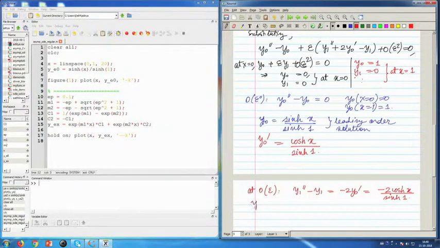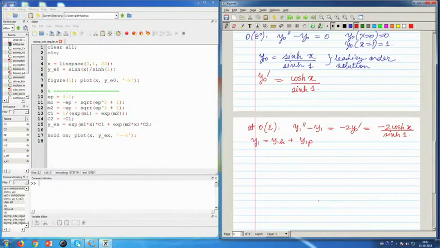So, let us write down the solution y1 equal to y1 homogeneous plus y1 particular, where y1 homogeneous is simply A sinh x plus B cosh x, because y1 homogeneous has to be the solution of y1 homogeneous double prime minus y1 homogeneous equal to 0.